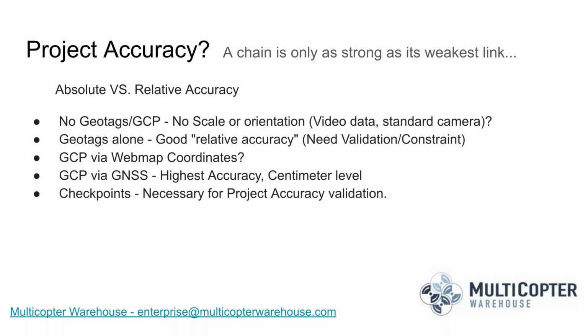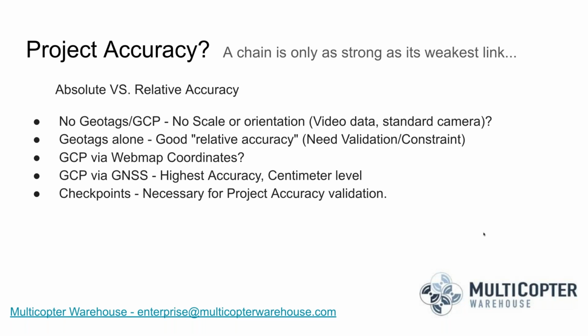Usually I can't even tell the difference, but if you need a higher level of accuracy because you're marking property boundaries, for example, then you need absolute accuracy to know exactly where your map is on the planet's surface. And that's also where the GCPs using a GNSS receiver are going to come into play.